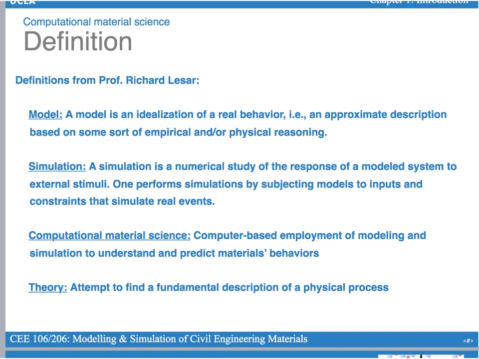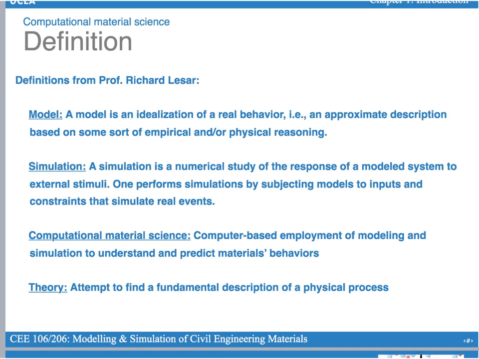That is to say, once you have a model describing the behavior of interest to you, you can change the inputs of your model or the types of constraints, and you can use your simulation to assess numerically the outcome of your model in a way that can be compared with experiments. Then simulation in general can be categorized as being part of computational material science.